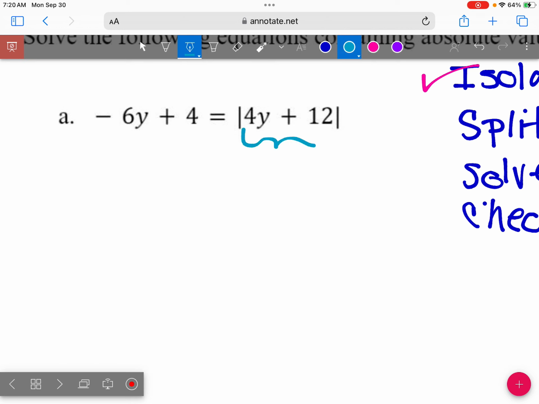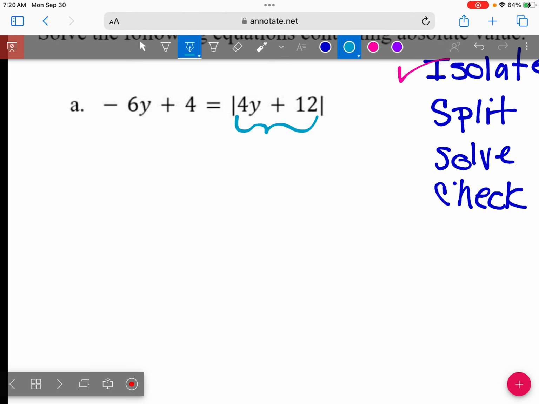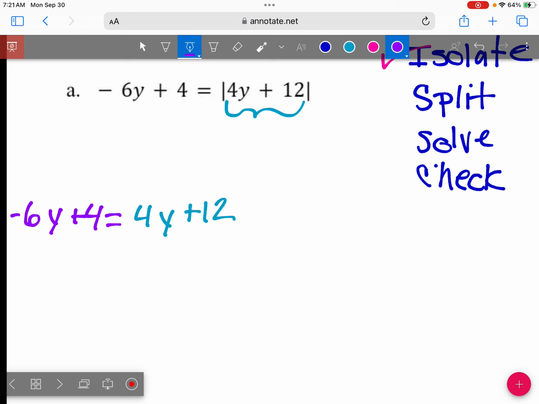This piece stays the same. What's inside the absolute value stays the same on both of them. So we're going to have my 4y plus 12 is exactly what it is, and maybe my absolute value bars are not doing anything, and 4y plus 12 actually does equal negative 6y plus 4. Could be exactly what it says it is, and that my absolute value bars are just decorative.